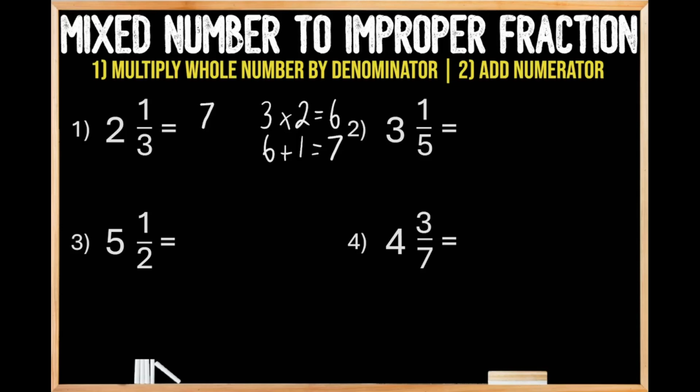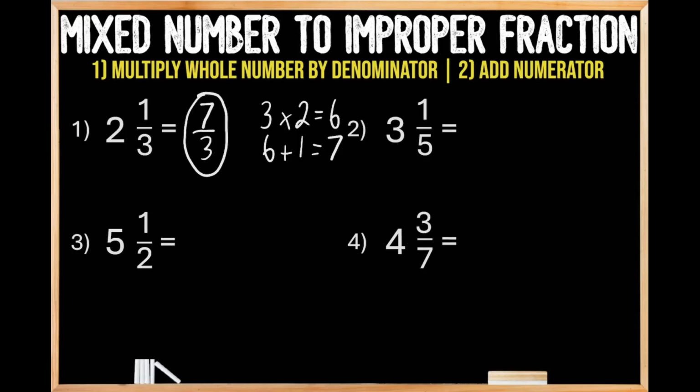And our denominator's value hasn't changed, it's still in thirds. So that means that when we convert the mixed number of 2 and 1/3 to an improper fraction, we get the improper fraction of 7/3.